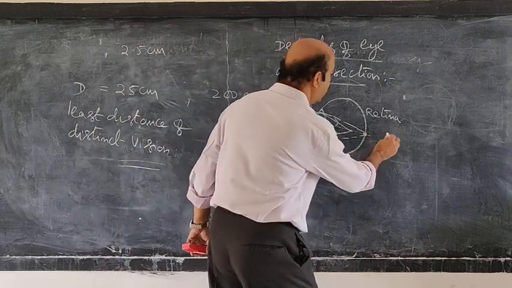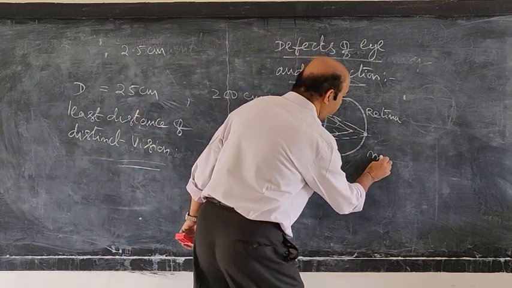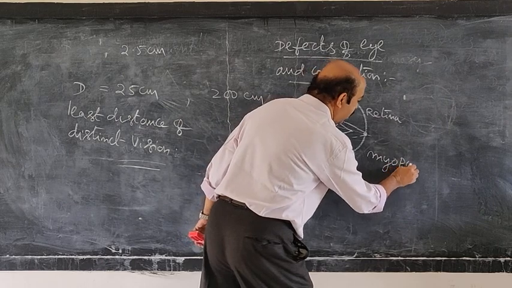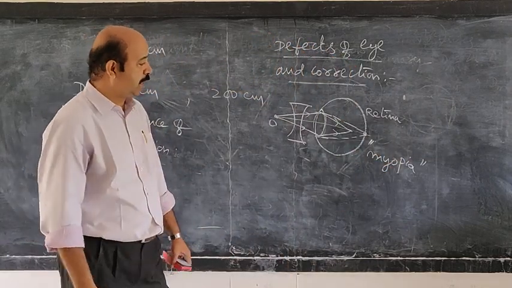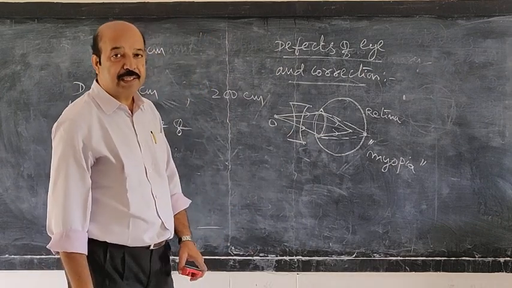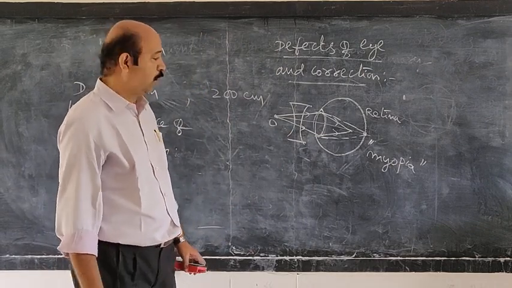This defect is called myopia or short sight. To correct myopia or short sight, a concave lens with suitable focal length is used.